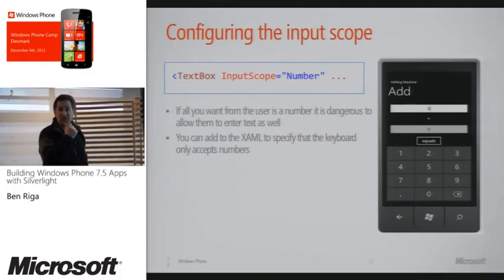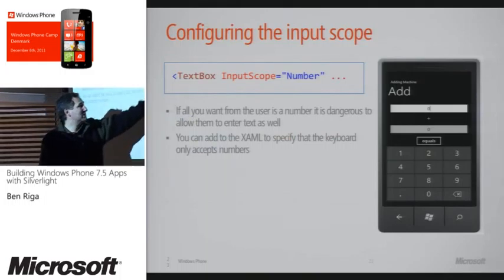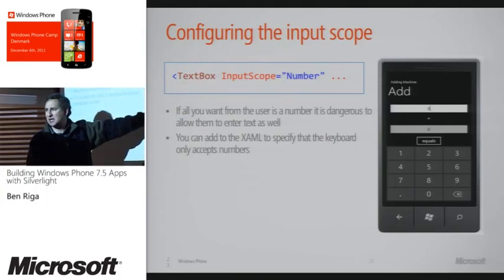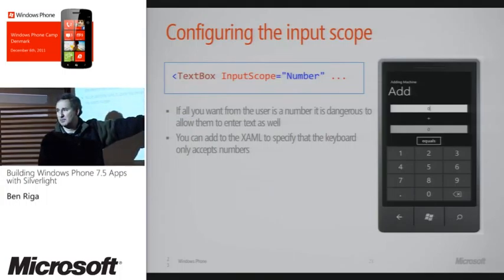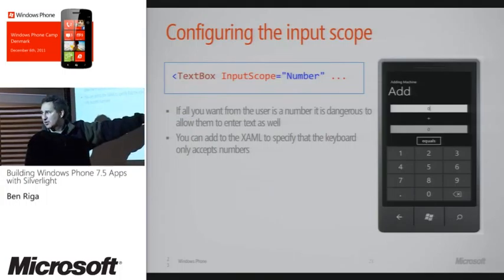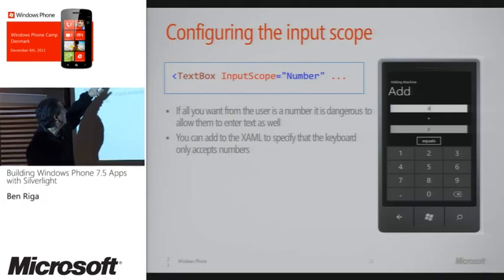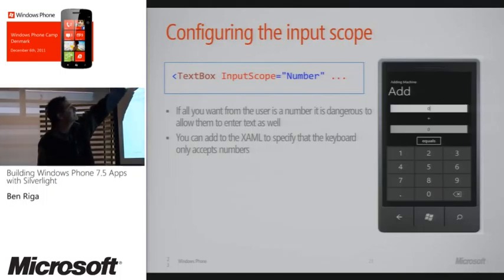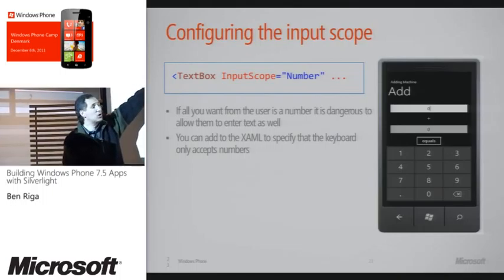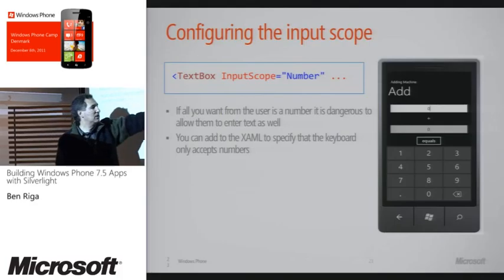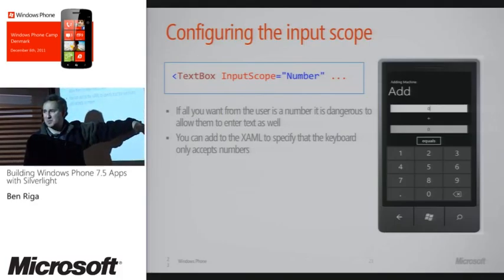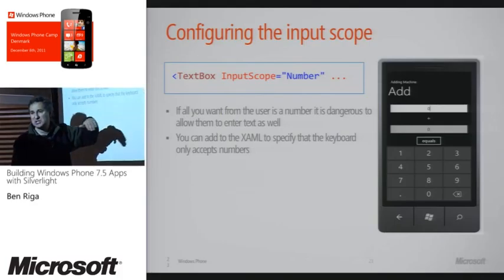The other one is input scope. Someone else asked about this earlier. Because this is a number, why should you ask the end user to type letters? The keyboard that we saw earlier was the standard SIP. By just changing the input scope on the text box, telling it this is a number, Windows Phone will give you a SIP that has just numbers.